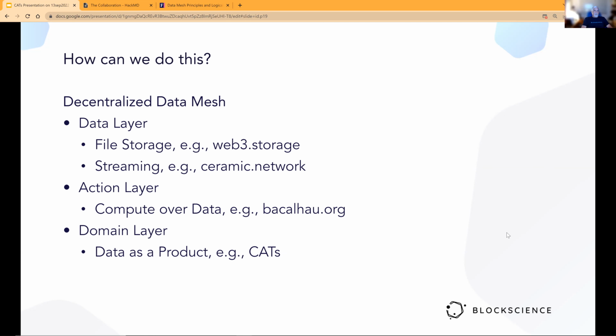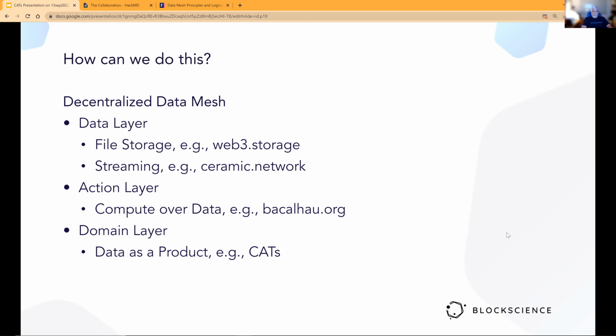And then we see CATS as sort of working in this domain layer, as providing the business logic that defines what the products coming out of these transformations need to be.